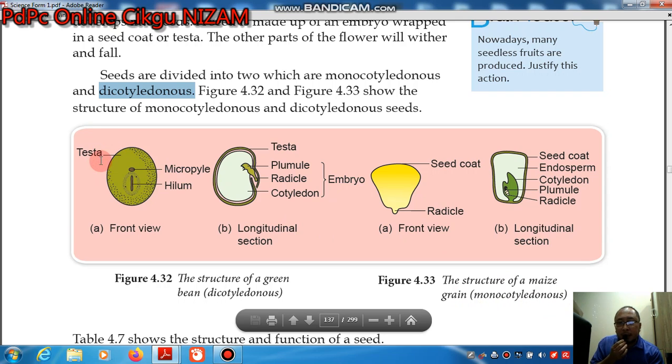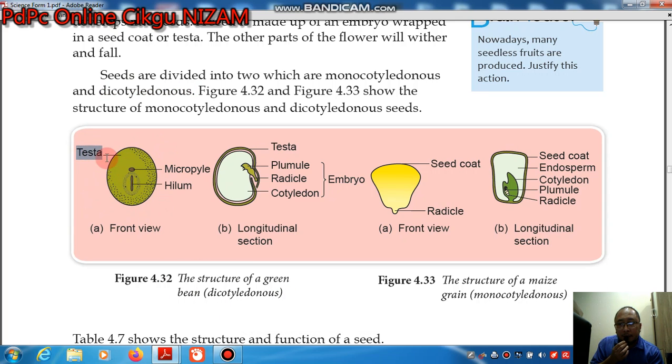What is the structure that forms this seed? For dicotyledonous seed, we have the testa that wraps the embryo. The embryo will have plumule, radicle, and cotyledon. This is the part that forms the embryo.